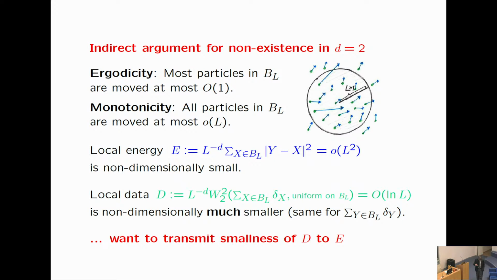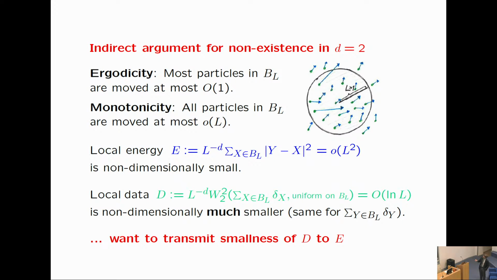So we assume that there were such a cyclically monotone stationary coupling, and we want to get a contradiction. There are two easy consequences. First, by ergodicity, if we have such a coupling and we look at a subsystem of size L, we know that most points are not transported by order L. That's a qualitative statement we start with.